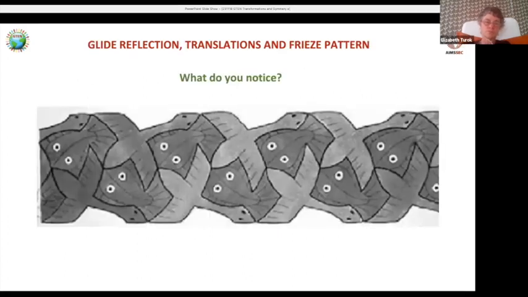Now, what do you notice about this picture? Have a good look at it. Some of you will know the artist, you'll recognize this sort of work. Which artist produces pictures like this?